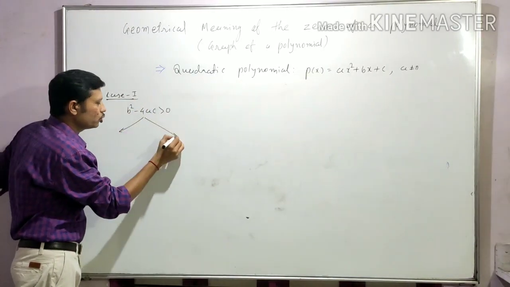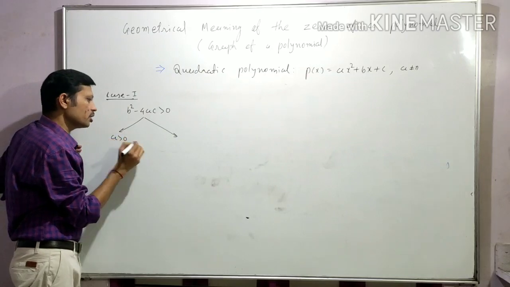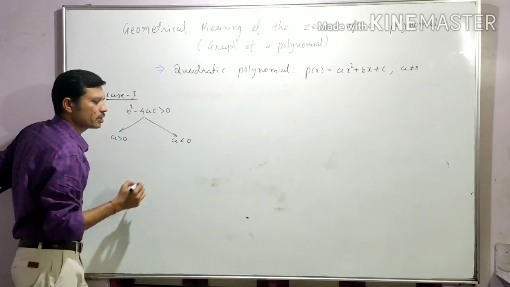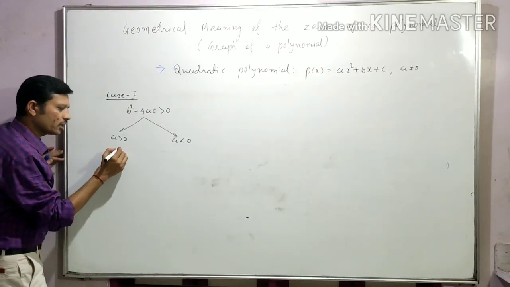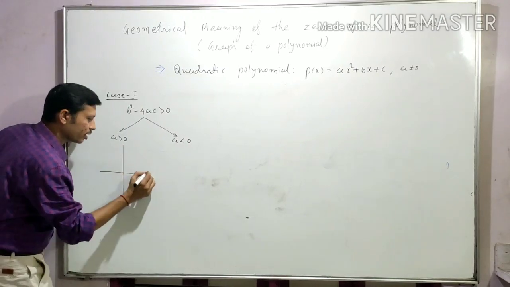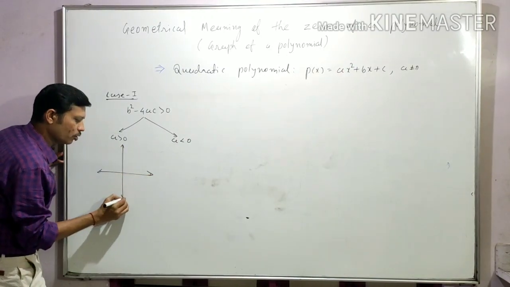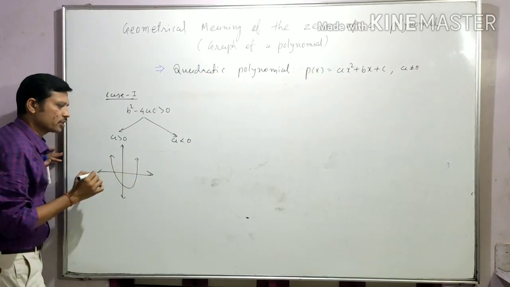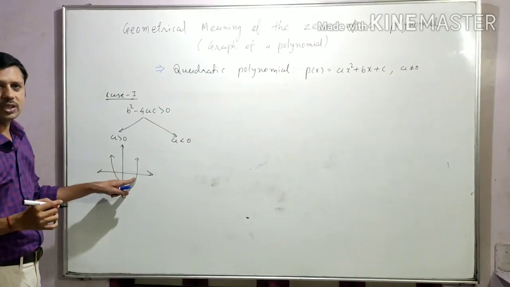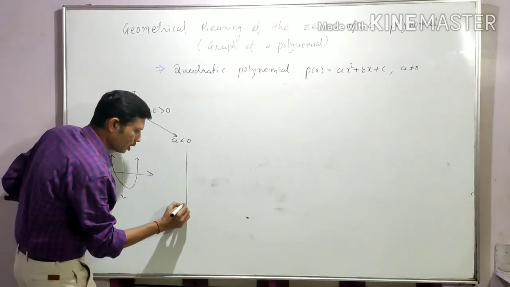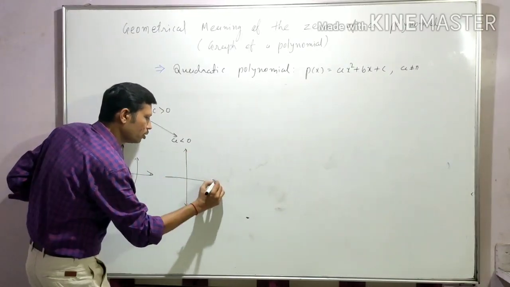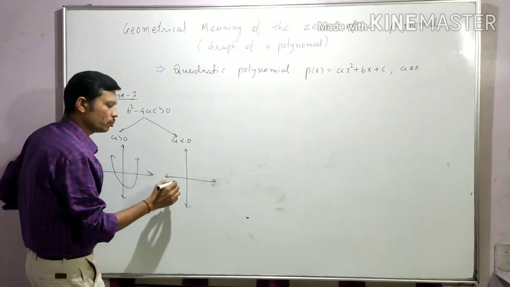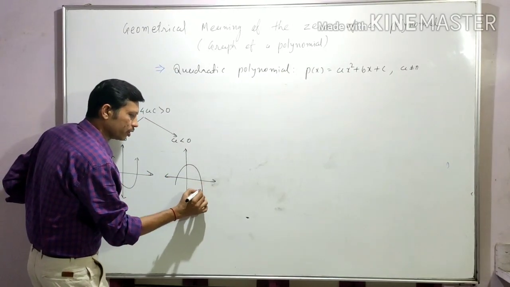In that we have two parts: a greater than 0 and a less than 0. If a is greater than 0, how does the graph look? Your graph is a parabola upwards and you will get two zeros. In the same way, if a is less than 0, again we have two solutions, but it is a parabola downwards.